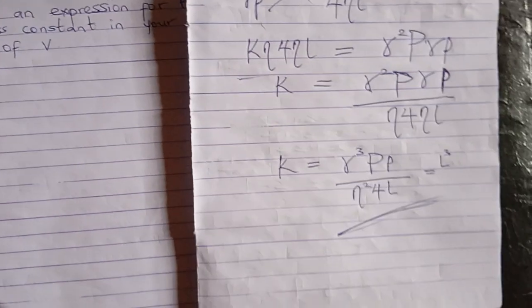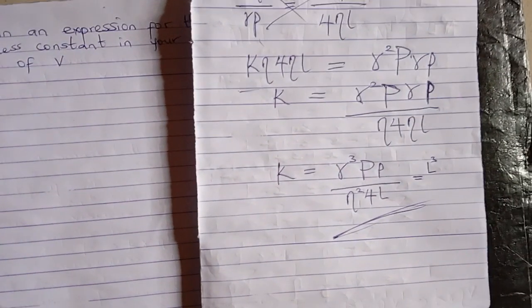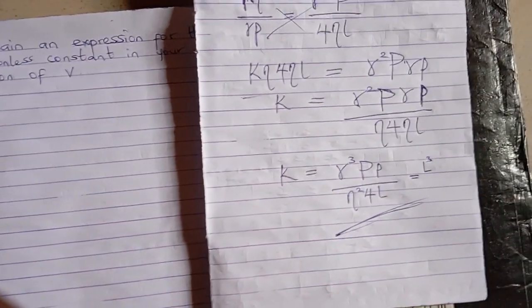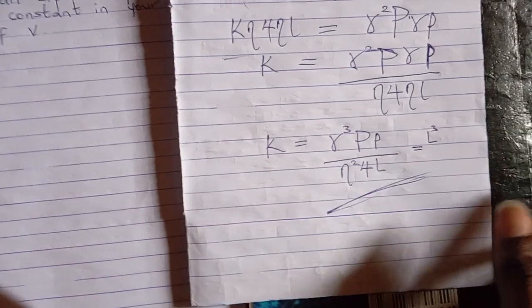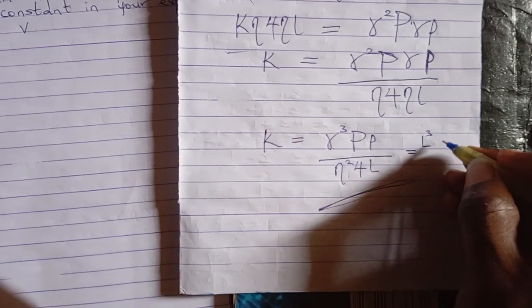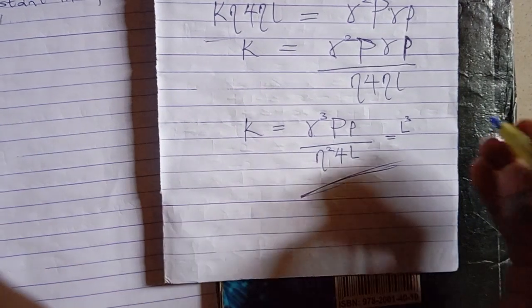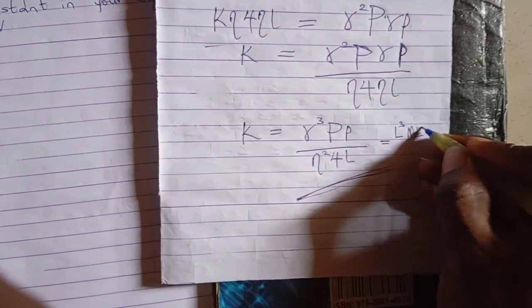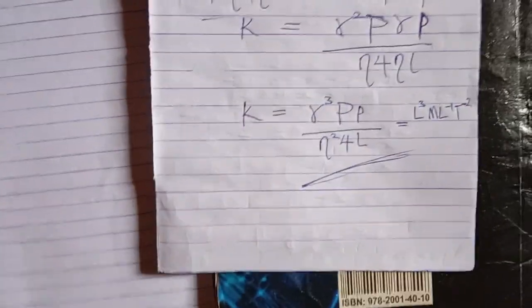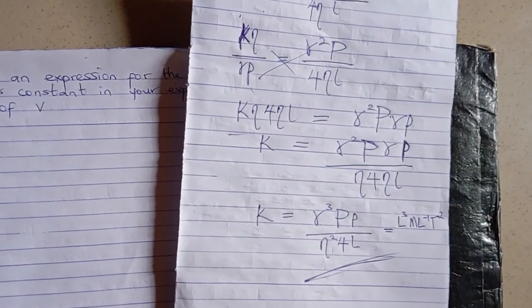We know that the dimension for pressure is force over area, which gives us ML^-1 T^-2.